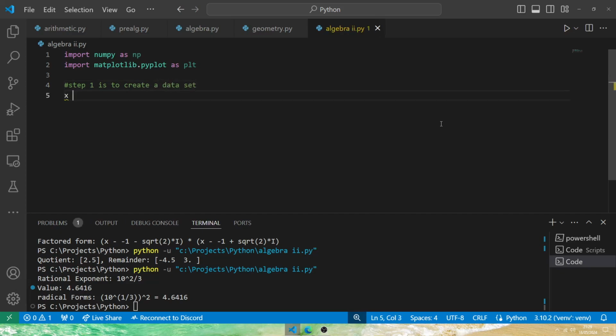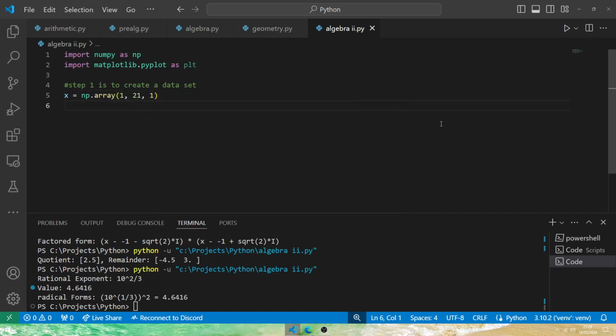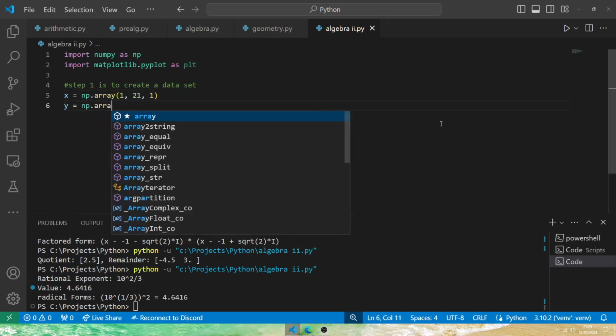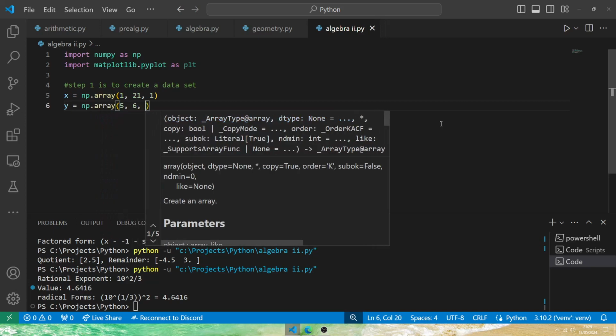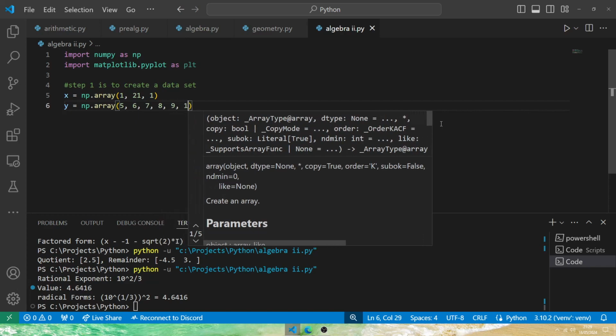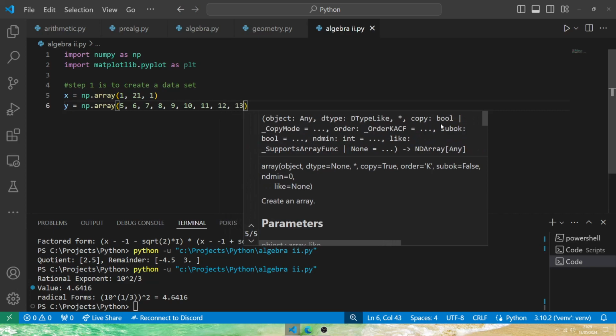So x is np.array, where we can pass in whatever numbers we want, and then y equals np.array 5, 6, 7, 8, 9, 10, 11, 12, 13.